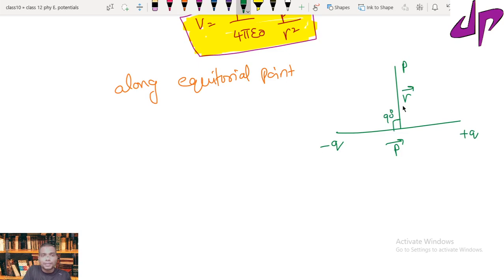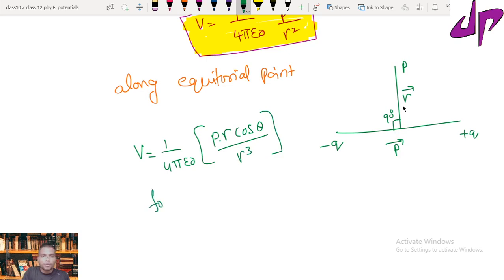Now take the general expression for the potential, V equals 1 over 4 pi epsilon naught of P r cos theta upon r cube. For the equatorial point, the angle between P bar and r bar is theta equals 90 degrees.